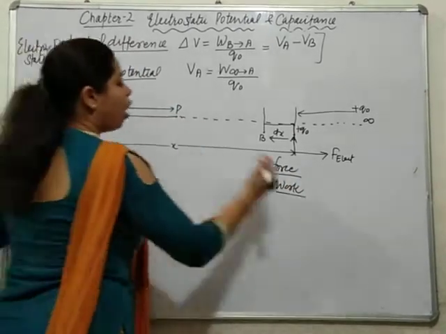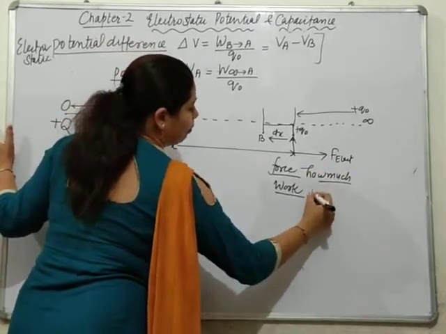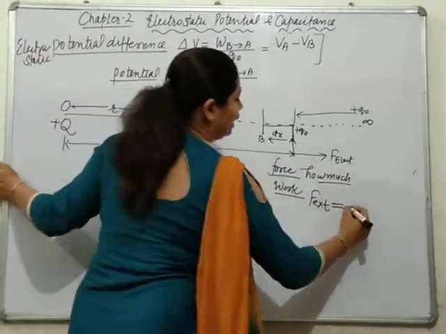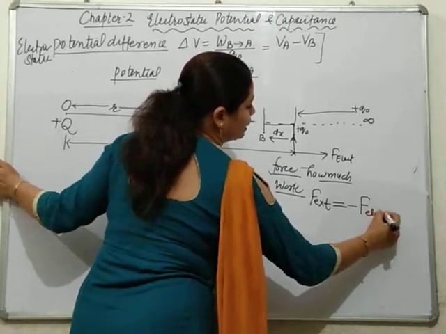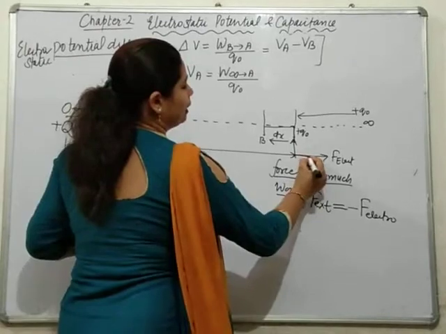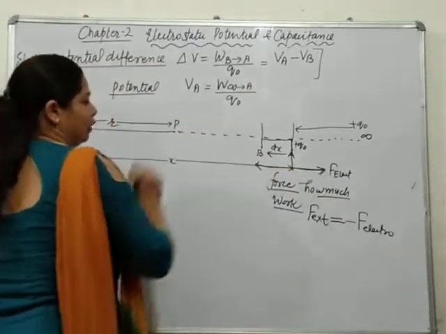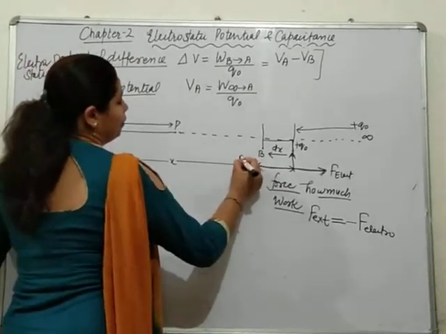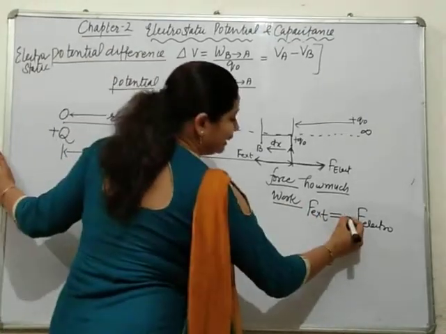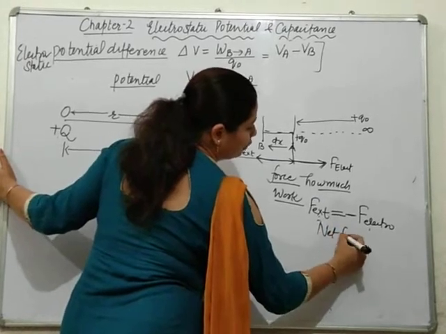How much force is applied? The force applied by the external agency must be equal and opposite to the electrostatic force. It means the force with which the body feels repulsion in the outward direction, an equal amount of force must be applied in the inward direction, that is F external. If both forces are equal and opposite, then net force will be 0.